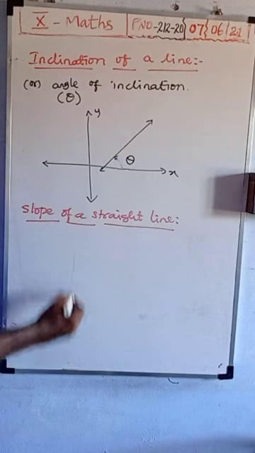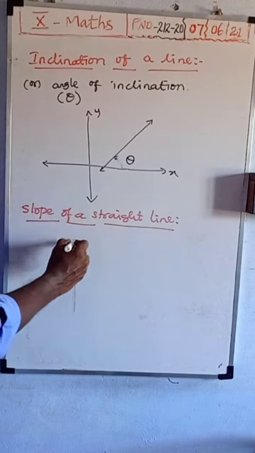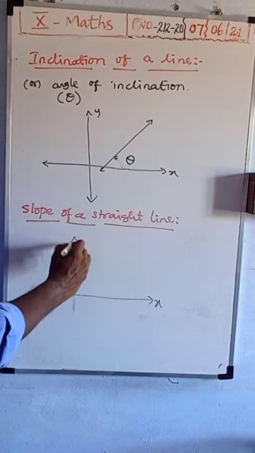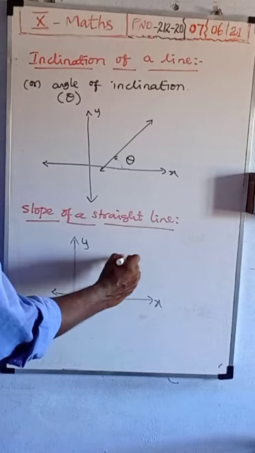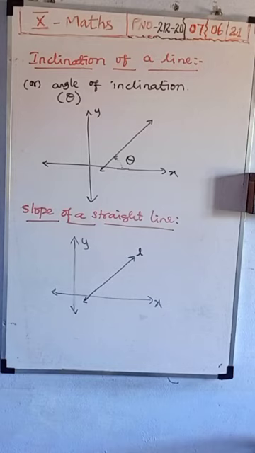Take the same figure: x-axis, y-axis, and we choose one line, L or something. It will be a non-vertical line. So what is the definition of the slope of a straight line?